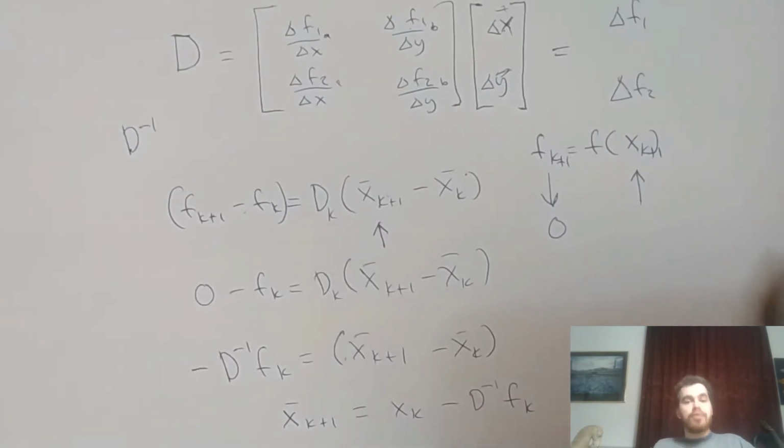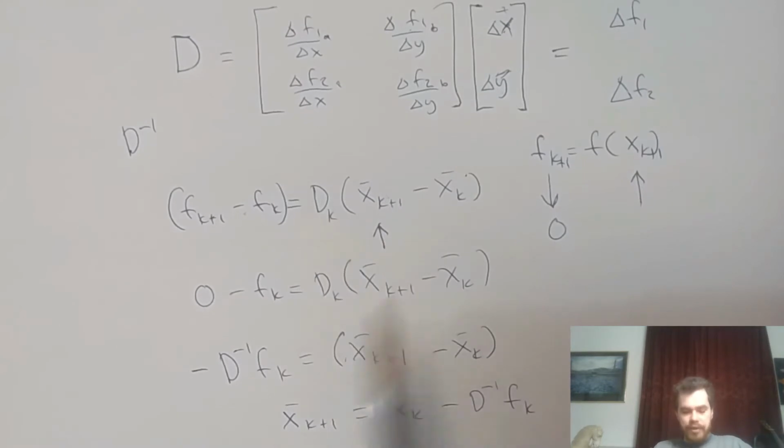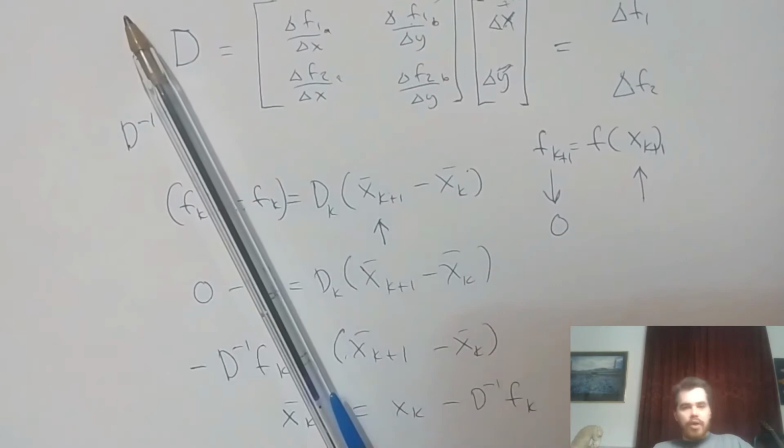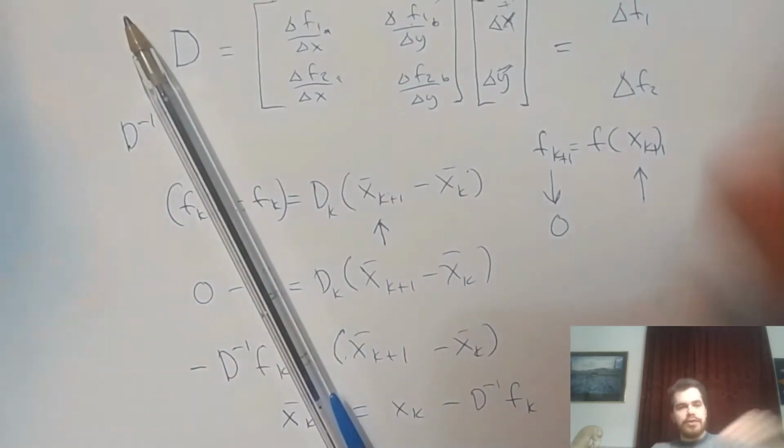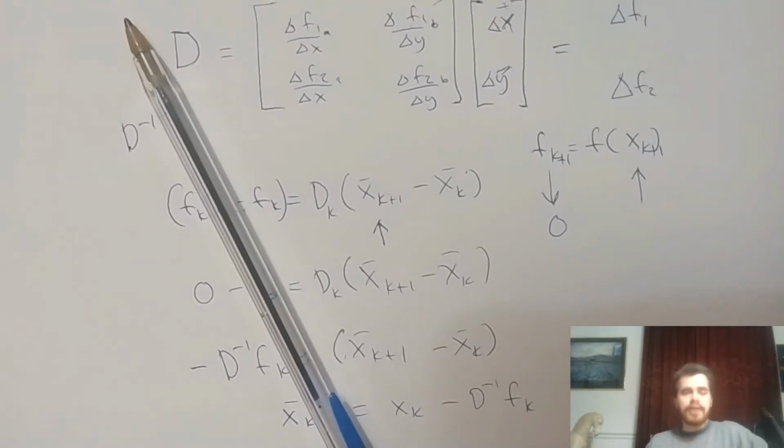Now, if we were just doing Newton's method, we would straight up calculate the Jacobian, and we'd straight up calculate the inverse of the Jacobian. And this is where we get Broyden-y, because the Jacobian and the inverse of the Jacobian are computationally expensive as your system gets large.